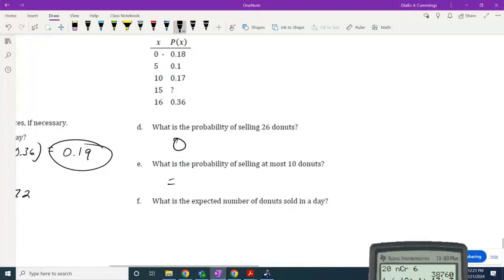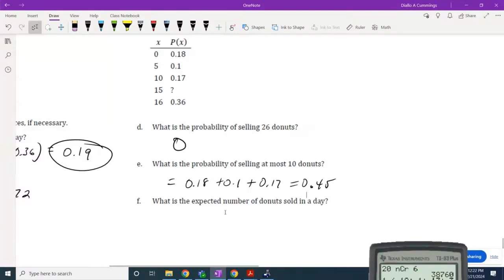So if you add all that up, 0.18 plus 0.1 plus 0.17, that's 0.45. So at most is that number or greater. No, excuse me. At least is that number or greater. At most is that number or lesser.